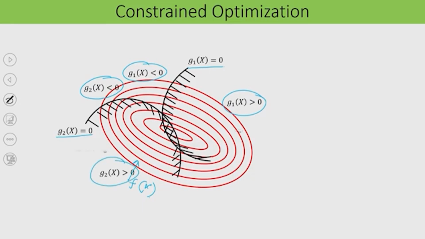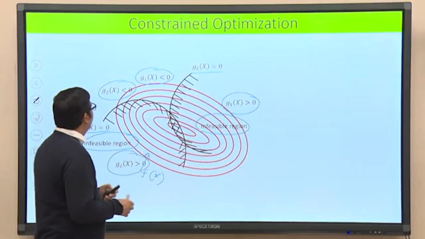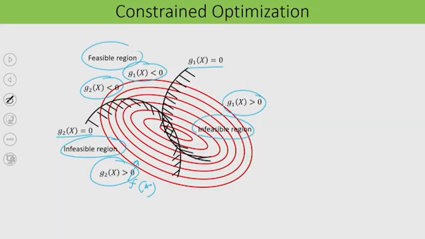This is your infeasible region, that means any solution in this region will be infeasible, because it will not satisfy the constraint. However, if a solution is on this side or on this side, that is a feasible solution. So this is a feasible region and this is also a feasible region.